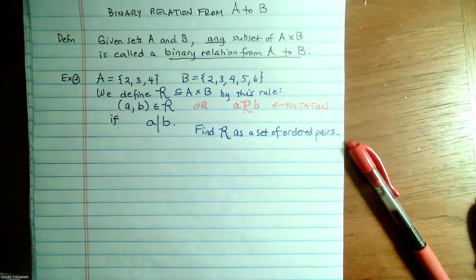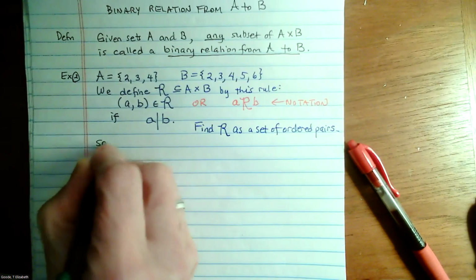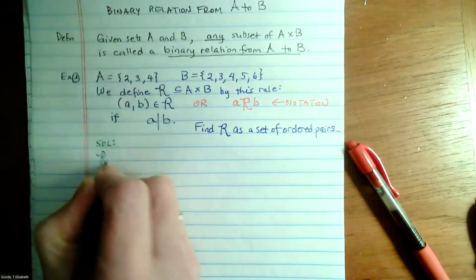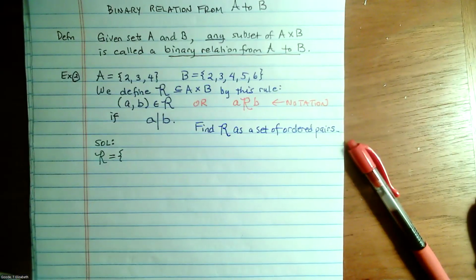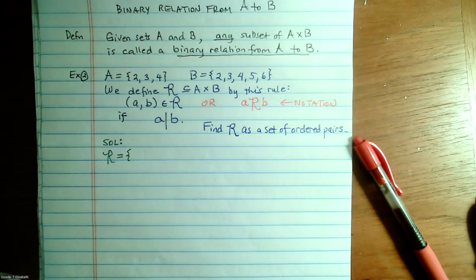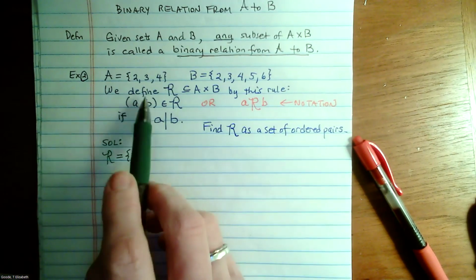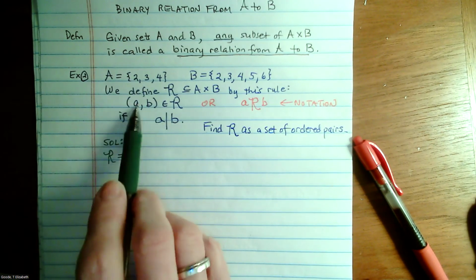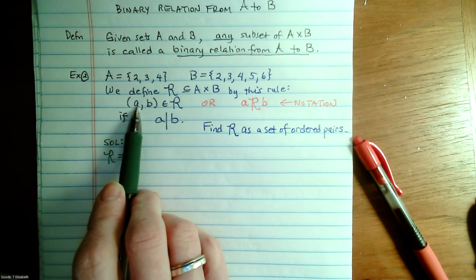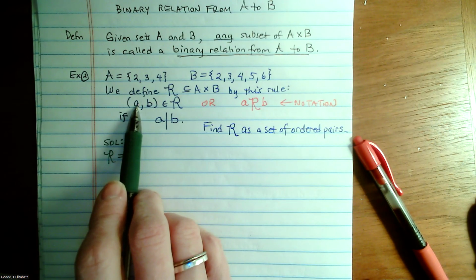All right, so here's our solution. Let's do this together. It's a set, so we'll use set brackets. The elements are ordered pairs, of course. So what we're going to do is look at each element of A, and that's the little a, the first coordinate of a potential ordered pair.